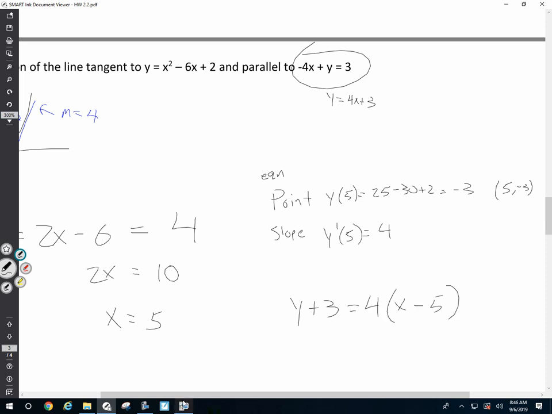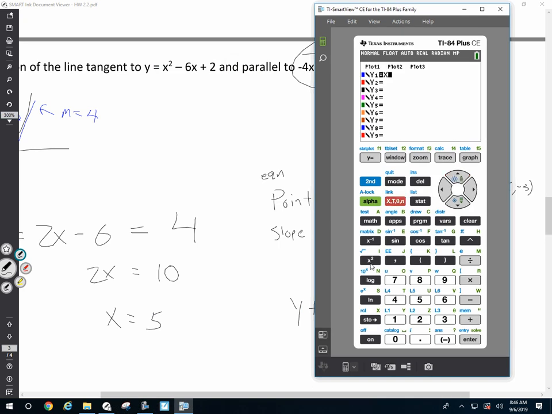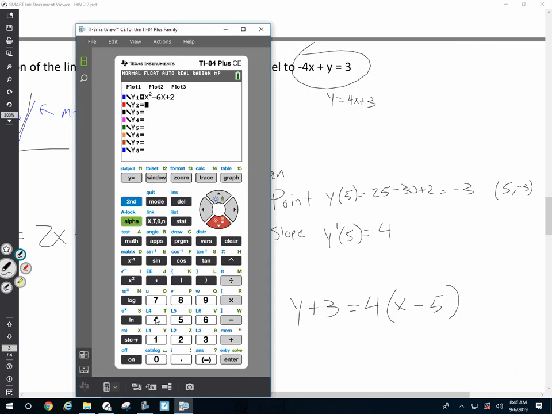Let's check and see the beautiful, beautiful graph of x squared minus 6x plus 2, the line 4x plus 3, which won't be tangent, but the line 4x minus 5 minus 3, which will be tangent.